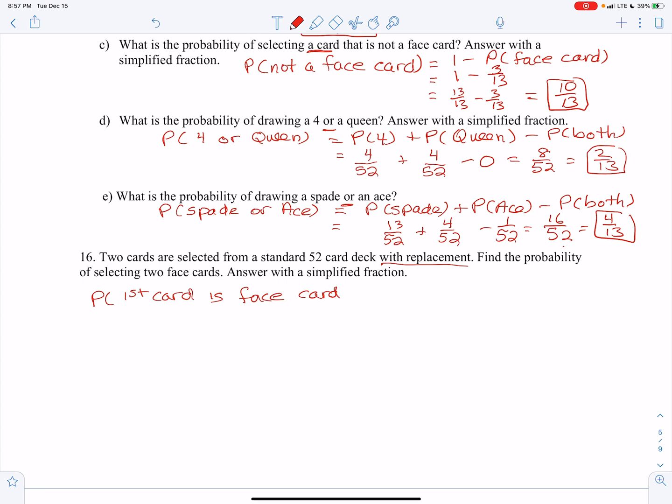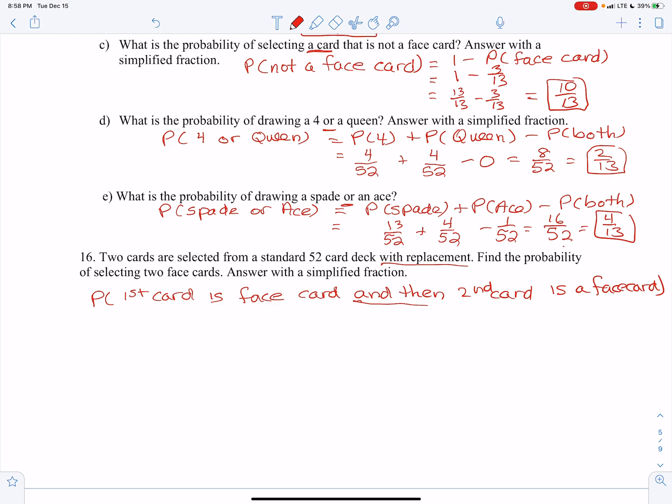We're going to put it back, shuffle the cards really well, and then the second card is a face card. So that, and then we have 2 parts to our experiment, first one and then the other. We're going to multiply, use the multiplication principle of probability.